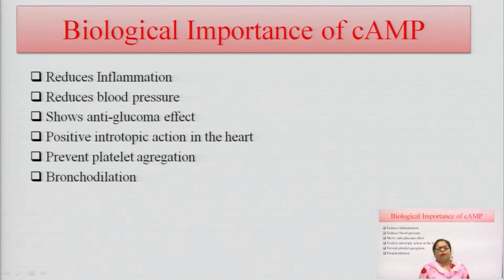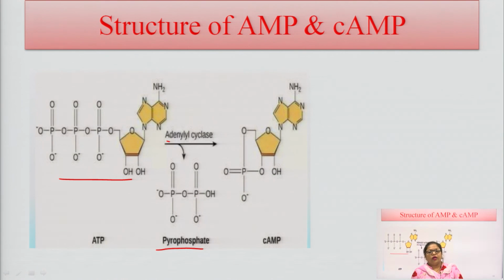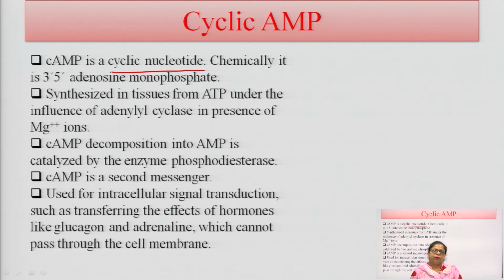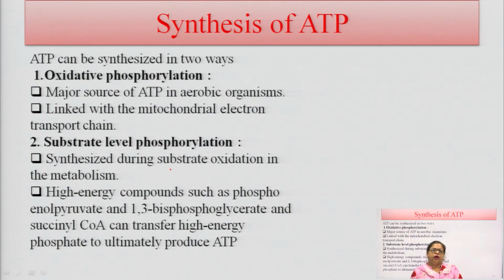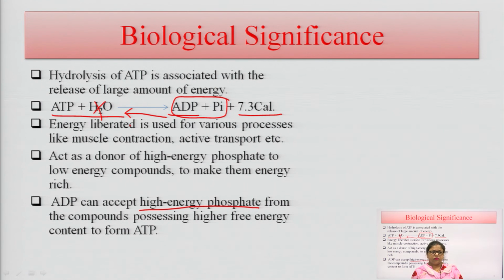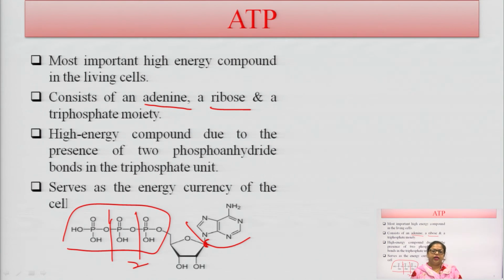So, these are basically the biological processes of cyclic AMP, and we have already discussed the structure of cAMP, the biological importance of cAMP, and the structure of AMP here. In this lecture we have discussed the structure of AMP and cyclic AMP, the synthesis of ATP, and the biological significance of ATP.